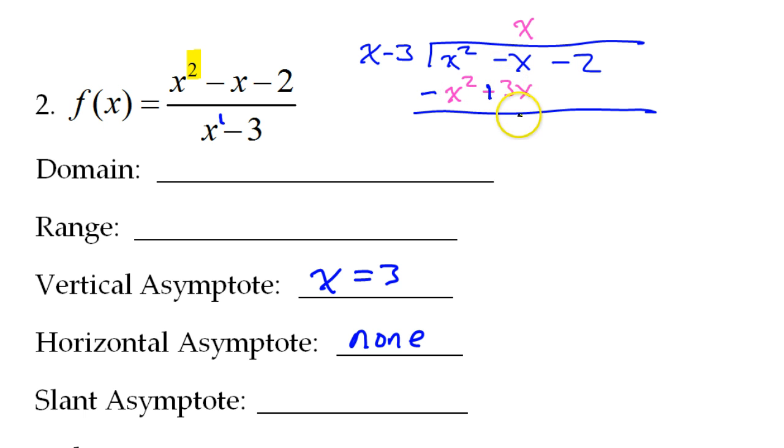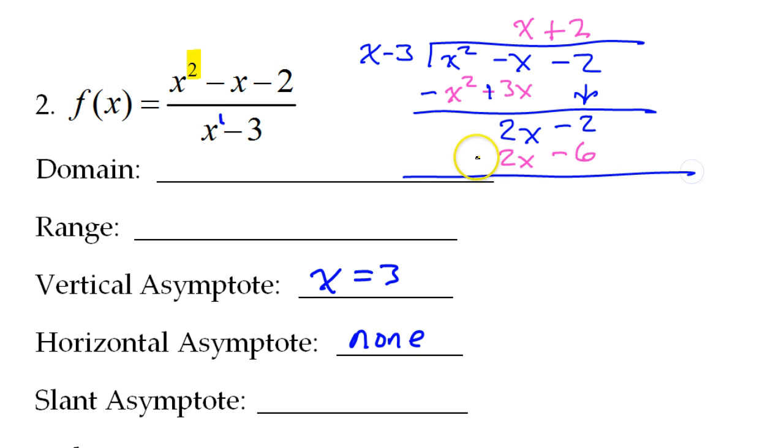So that's going to give me 2x. And I will bring down the minus 2. Now, x times 2 will give me 2x. I want those to match. Now, 2 times negative 3 is negative 6. And I will subtract by changing the signs. So that is going to give me 4.